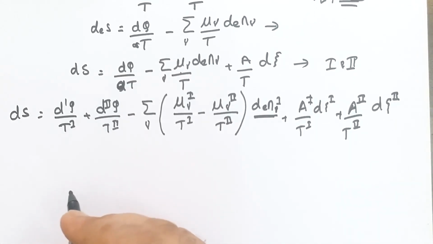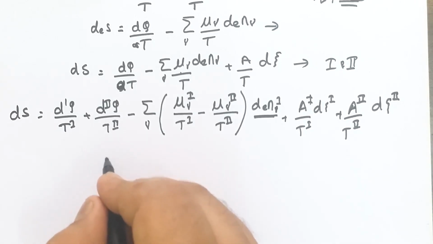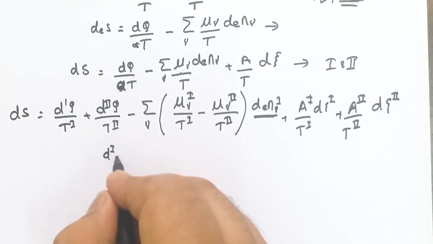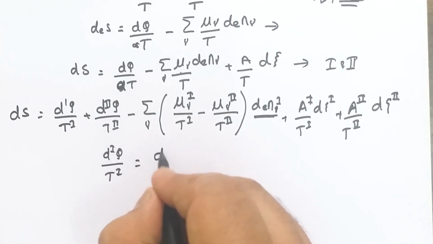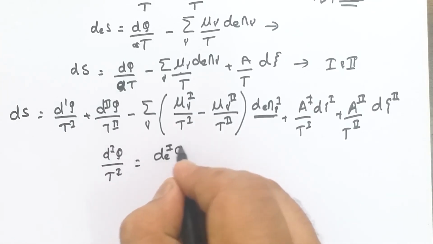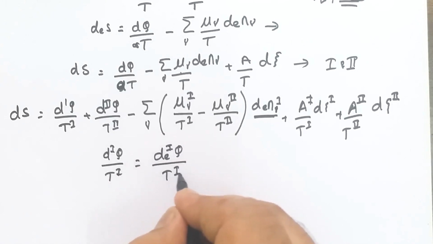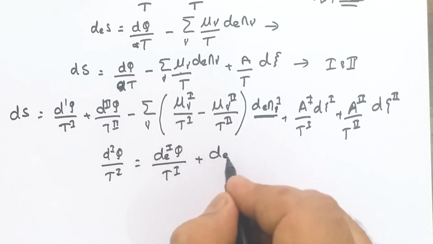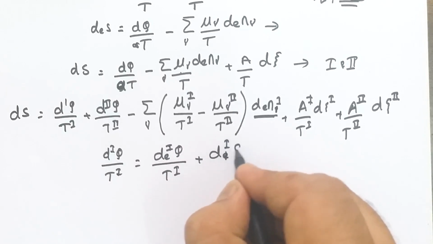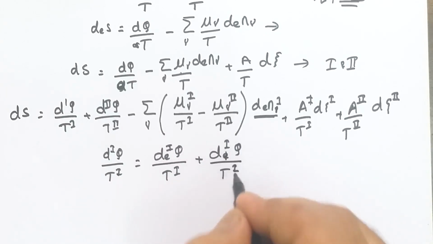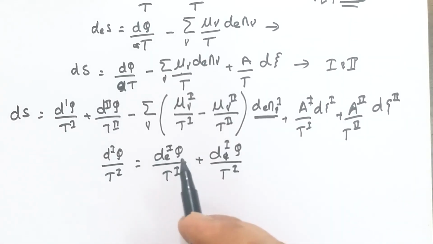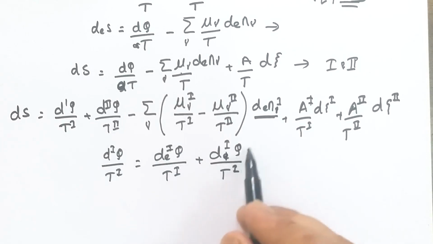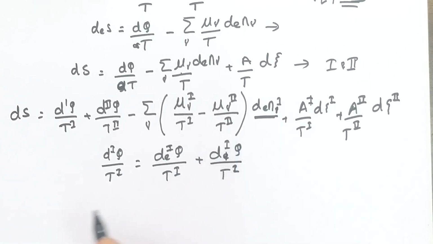We have seen the same thing in earlier discussions also, that is d1 phi upon T1 can be written as dE1 phi upon T1 plus dI1 phi upon T1, which represents the entropy change, where dE phi is when the heat exchange is taking place with the surrounding, and dI is when there is an internal heat change.